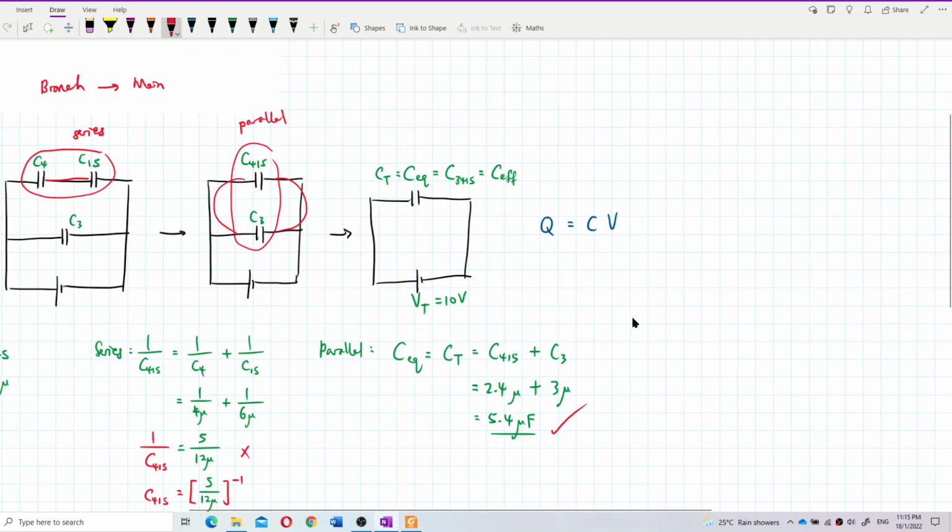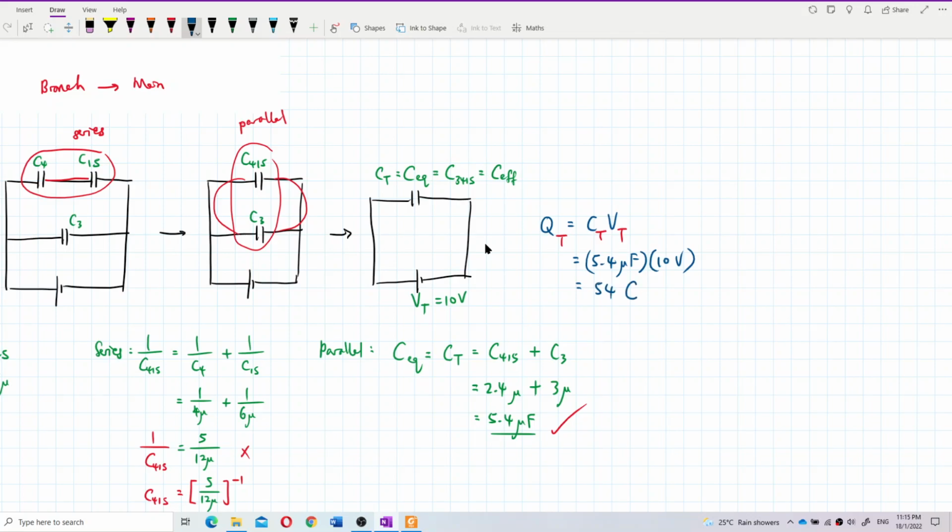Since all these are total, Q total, C total, V total, we already have our C total and V total, so we can find our Q total. C total is 5.4 microfarad, and our V total is 10 volt. So times 10, this is 54.